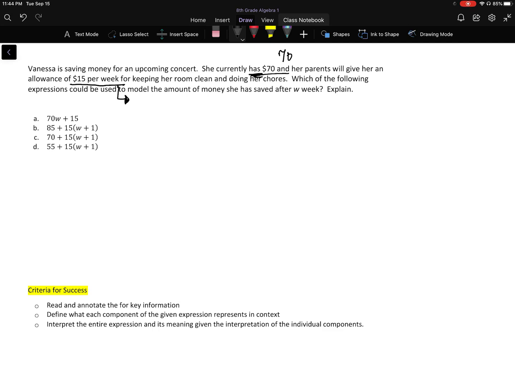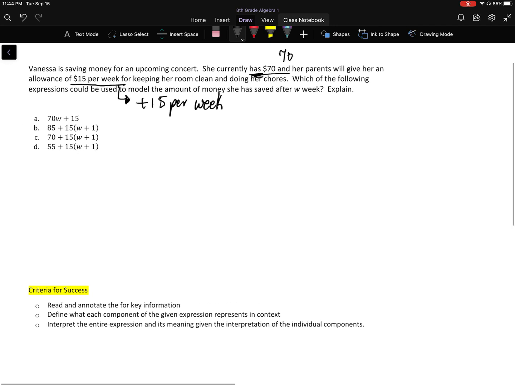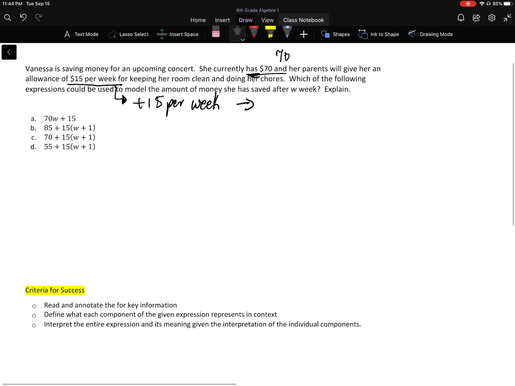I'm going to say this is a plus 15. This plus 15 per week, we can change to mean 15W, because remember they said W is weeks.